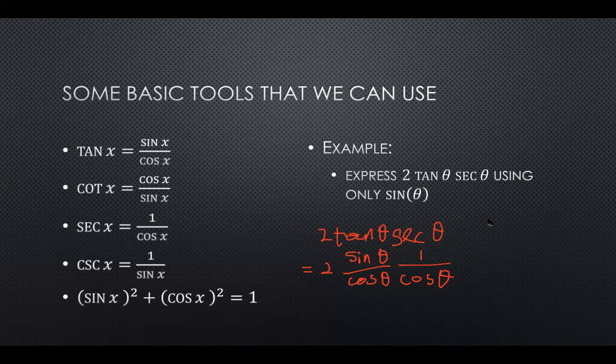And now we combine these terms. The numerator is 2 sine, and the denominator is cosine square.